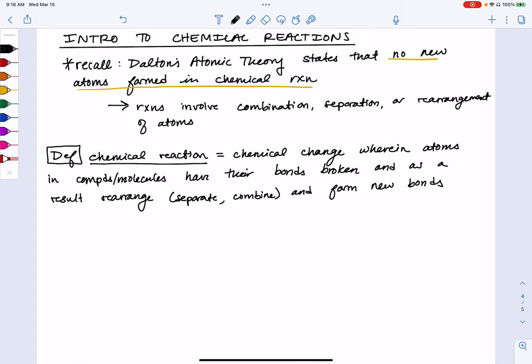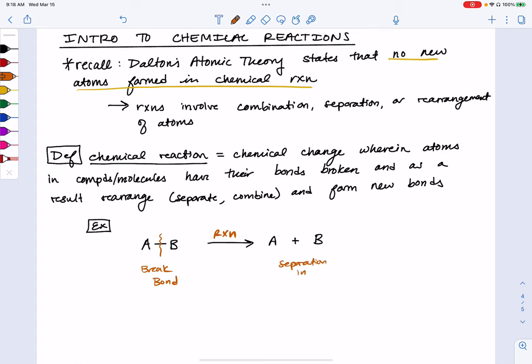So if I've got something like compound AB that is undergoing a reaction to just go to A and B components separately, then what we call a chemical reaction is going to be the severing or breaking of the bond that existed between A and B. And now here we have a separation into components A and B. So this is an example of a separation.